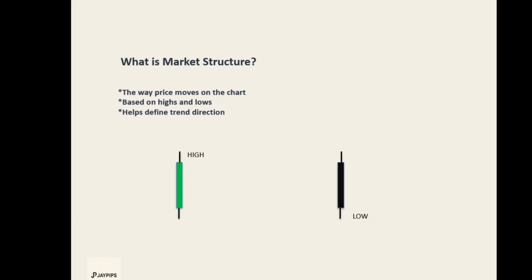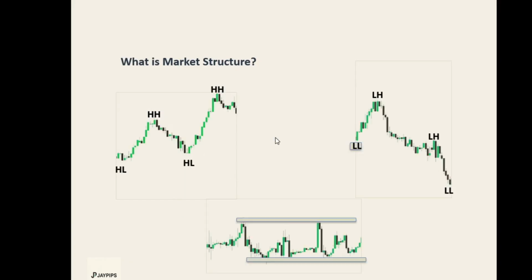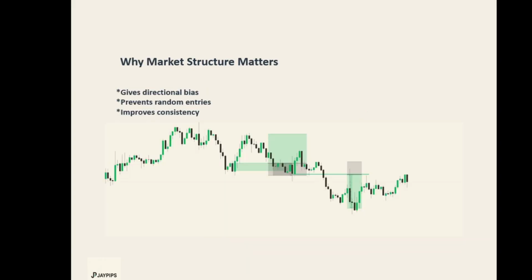It either moves up, moves down, or it's moving sideways. If you can learn how to read highs and lows, you can read the market even without the indicators. Market structure gives you direction first, and direction always comes before entries.